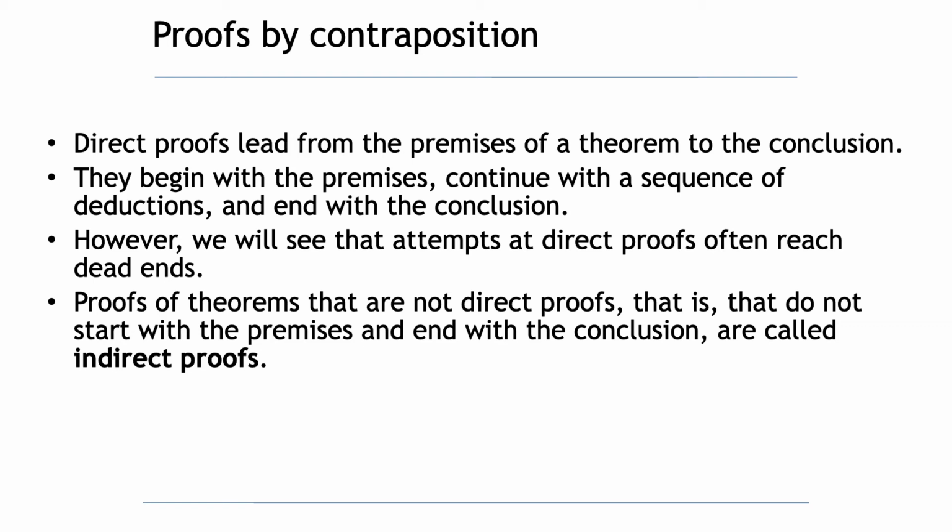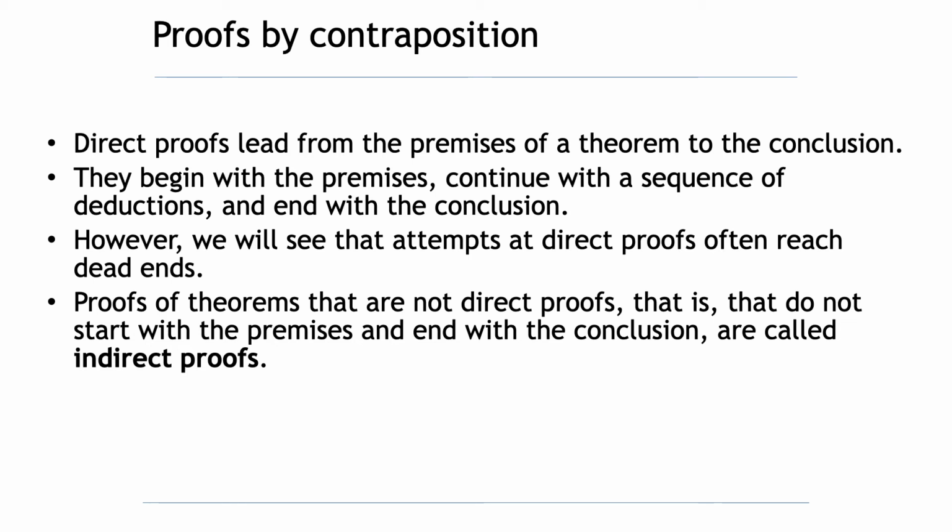As we saw in the previous examples, direct proofs lead from the premises of a theorem to the conclusion. They begin with the premises, continue with a sequence of deductions or logical steps, and end with the conclusion. However, we will see that attempts at direct proofs often reach dead ends. So what can we do in that case?